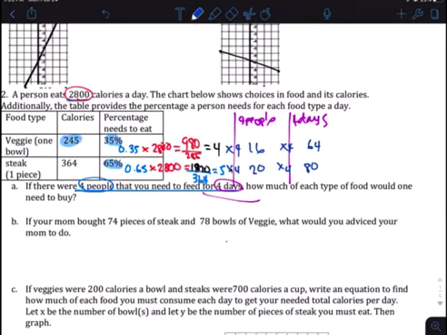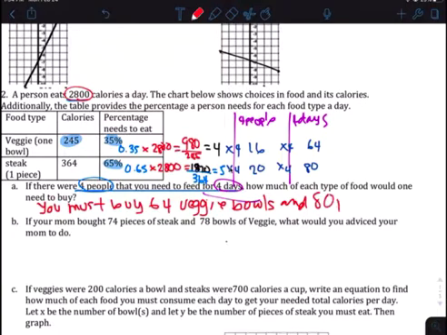So how much of each type of food? You must buy 64 veggie bowls and 80 pieces of steak.